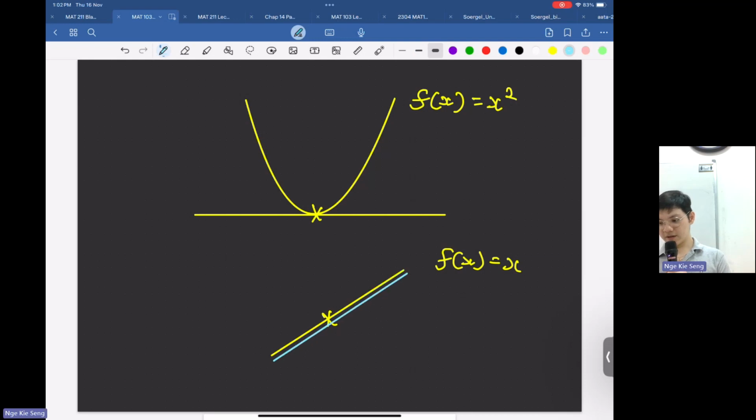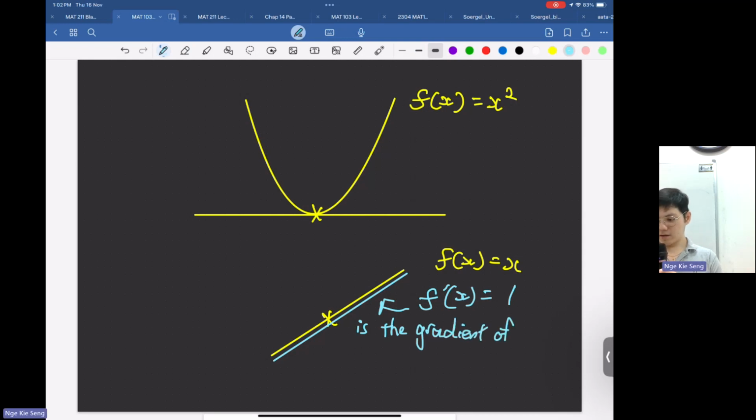Is it constant? Right, because if you do f prime x, it is just 1 always. So this one is the gradient of the tangent line.